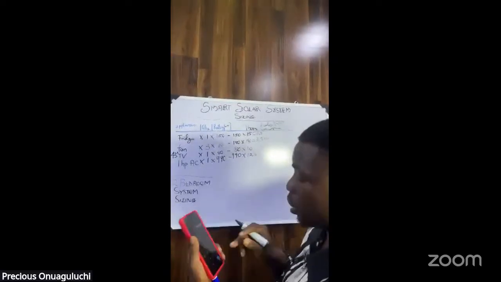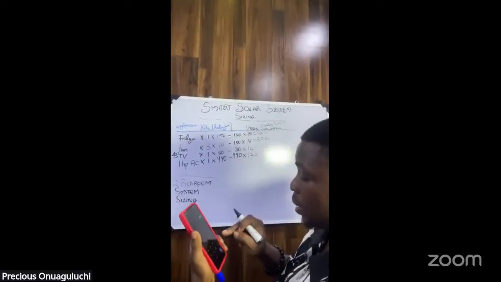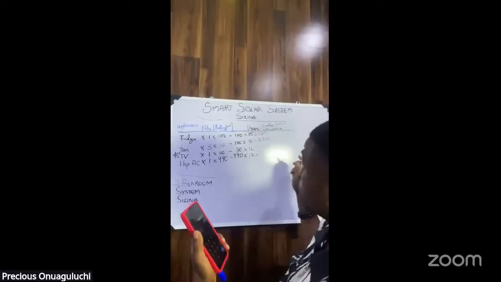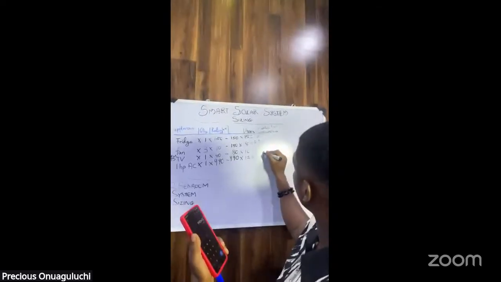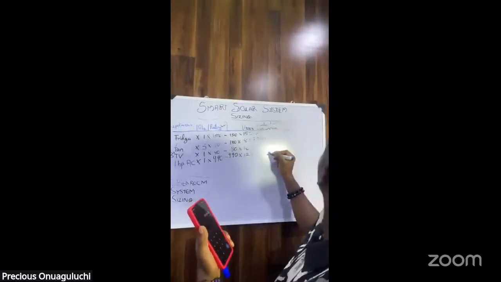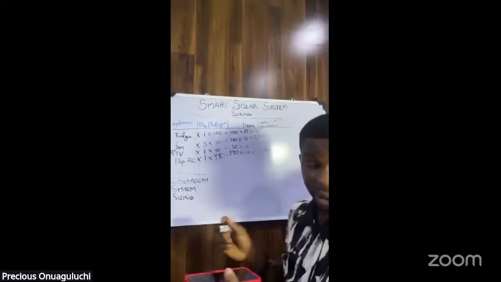So 990 for the air conditioner, 990 watts times 12 hours of usage, we'll get 11,880.